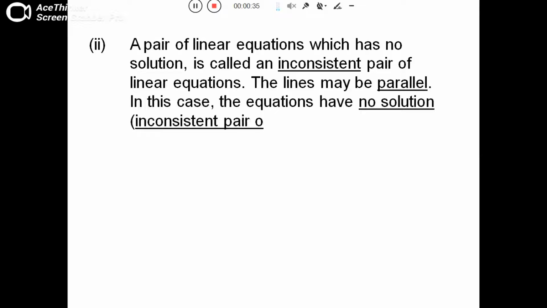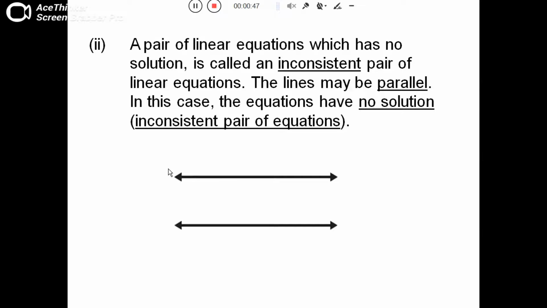In this case the equations have no solution. And the figure will be this: this is the first equation line, this is the second equation line, and they are parallel to each other. Now see the third condition.